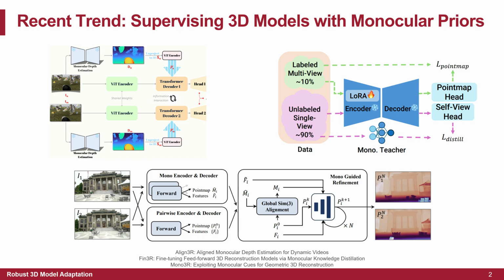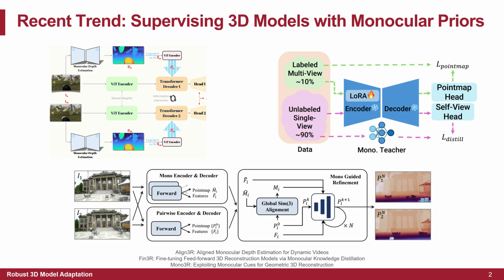These methods use monocular depth or geometry estimators as teachers to guide 3D foundation models during fine-tuning. However, they still rely heavily on 2D visual cues. They transfer monocular priors into 3D representations, but do not explicitly model the intrinsic physical factors of the 3D world.